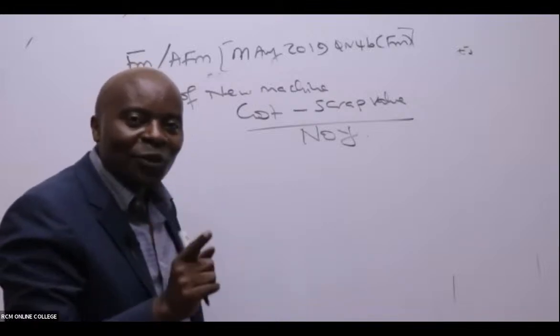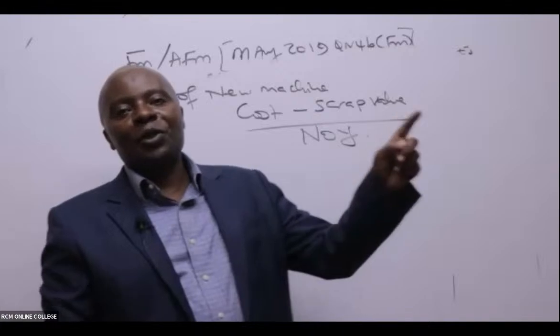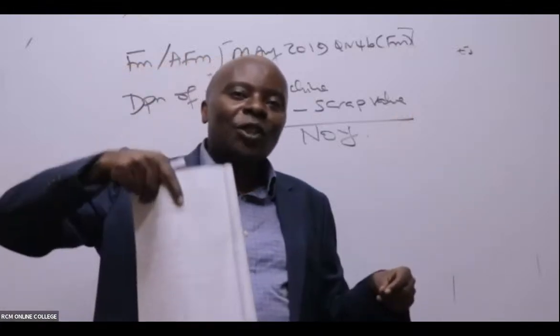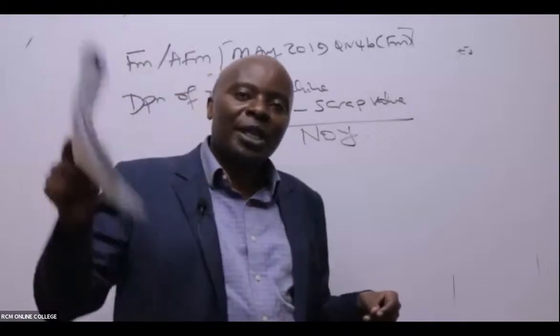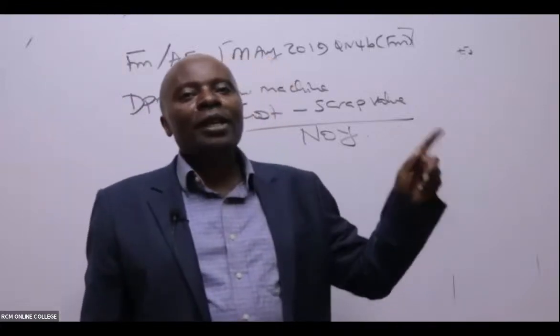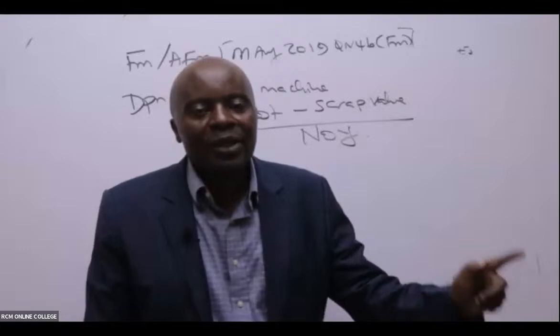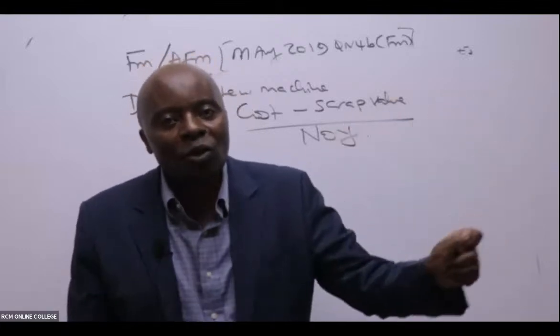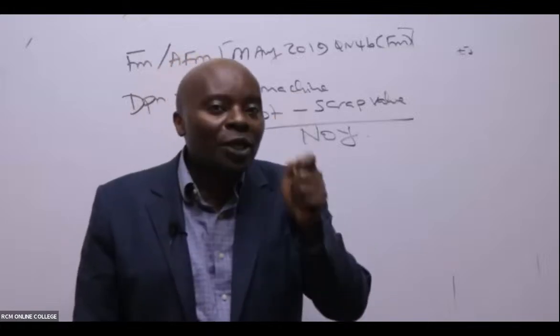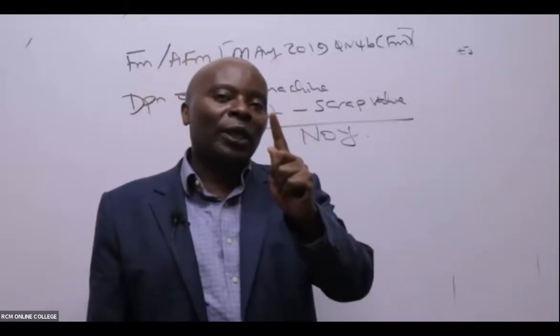Any cost that you will incur from the time you are buying a machine to the time you are installing the machine to start producing. All those costs, the cost of procuring the machine, the transportation cost, if there is any insurance in transit on the way, plus the installation cost, they have to be capitalized, all of them.